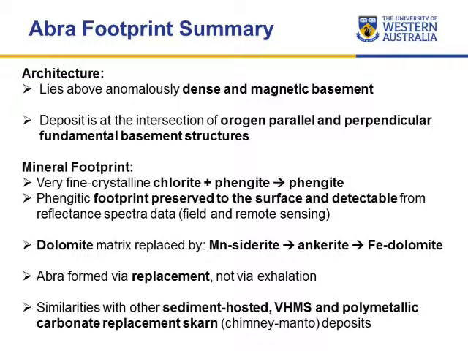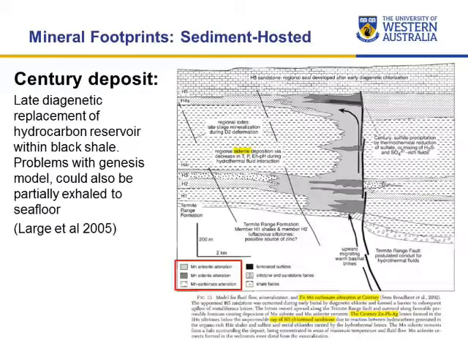They usually have carbonate footprints, whereas the volcanic-hosted massive sulfides have more of a chlorite white mica footprint, same as with the polymetallic carbonate replacement skarns and a few others. So these are sediment-hosted base metal deposits.